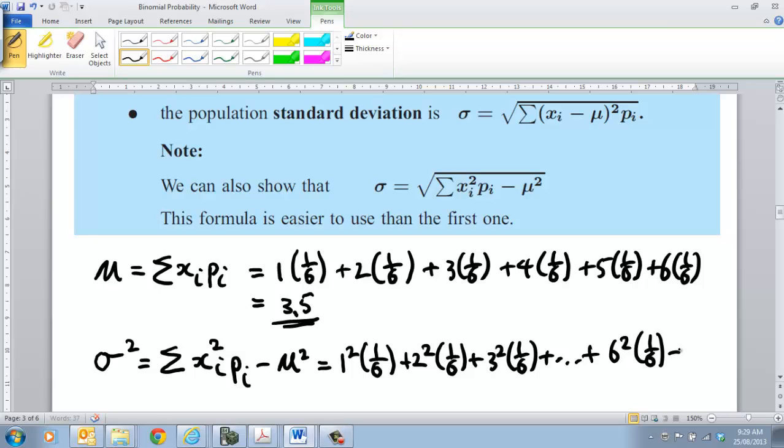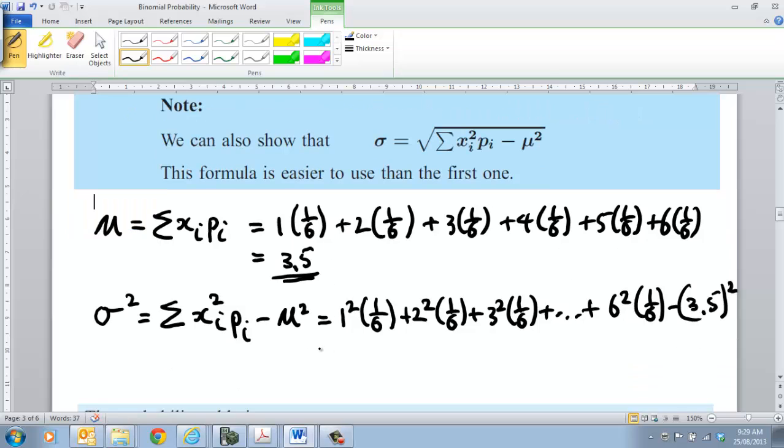And then you've got to take away the square of the mean. So we already worked out the mean. That's going to be take away 3.5 squared. Now if you do that calculation, you're going to get an answer which is approximately equal to 2.91666, and that's what my standard deviation squared is equal to.